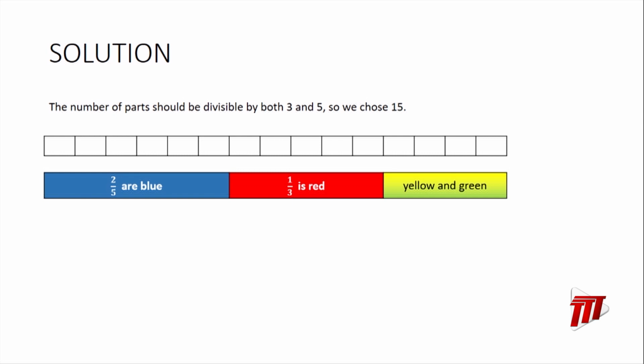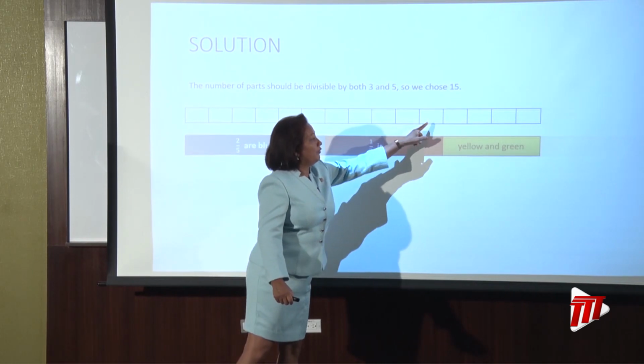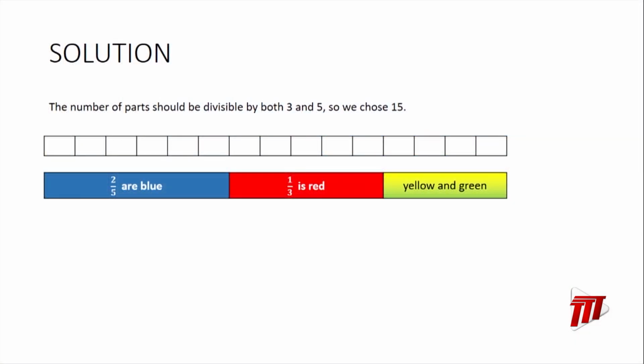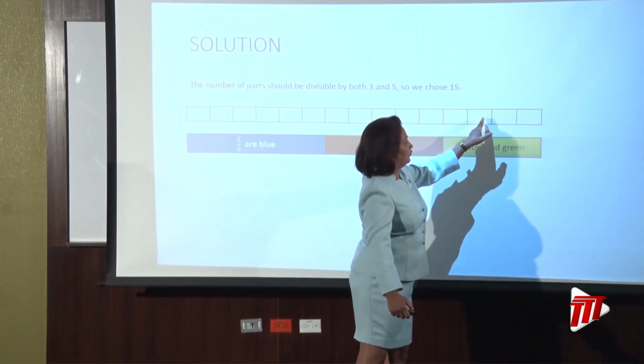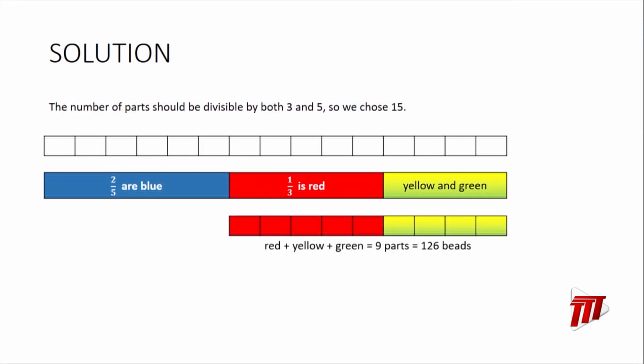1/3 would be red. 1/3 of 15. 1/3 multiplied by 15 would give me 5. 1, 2, 3, 4, 5. These are red. The rest would be yellow and green. So the yellow and green would be these 1, 2, 3, 4. But we already know that the red, green, and yellow equal 126.